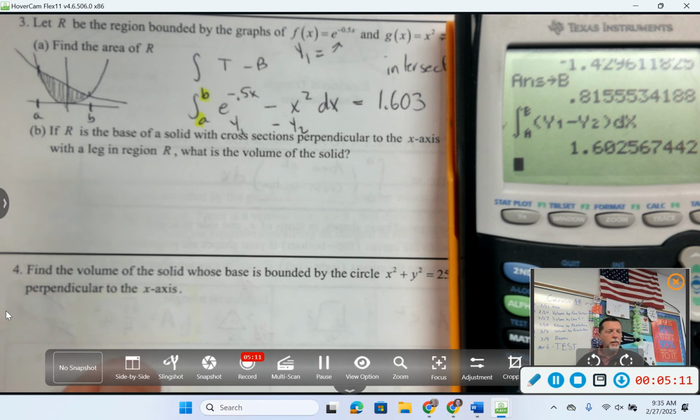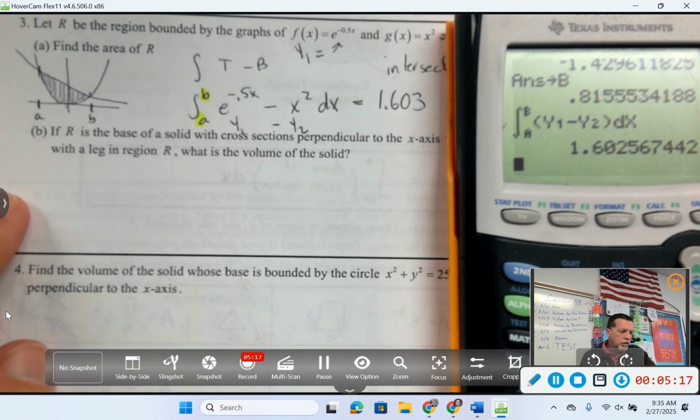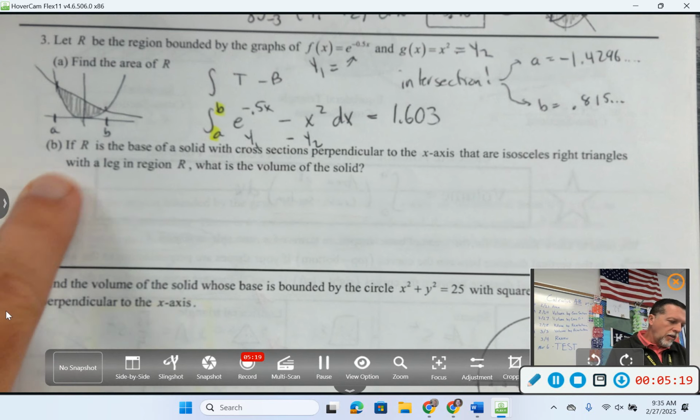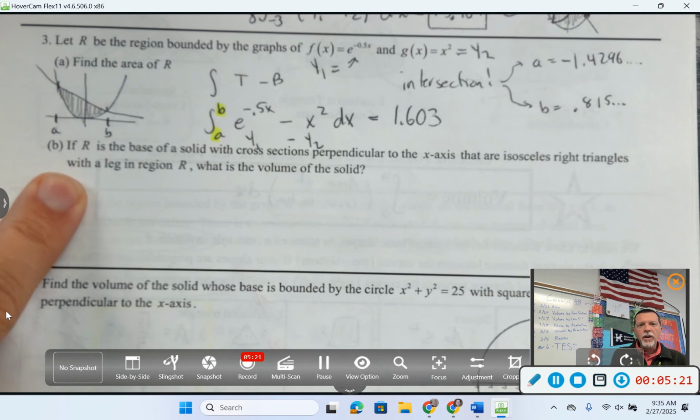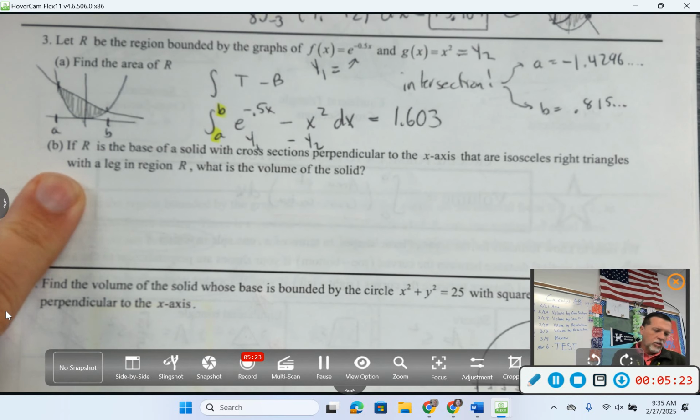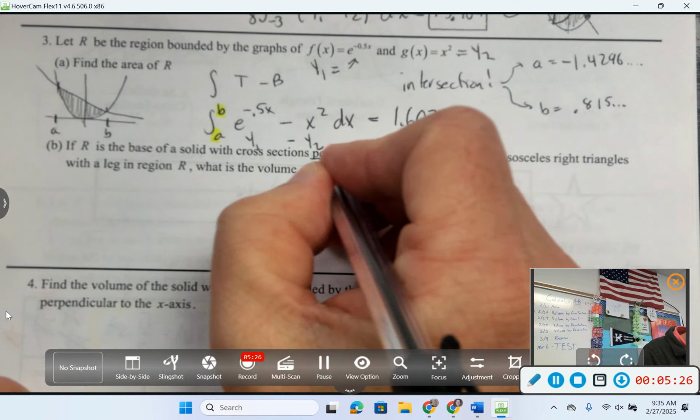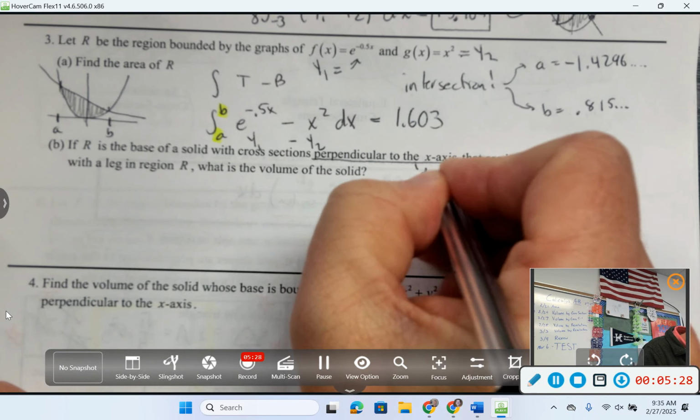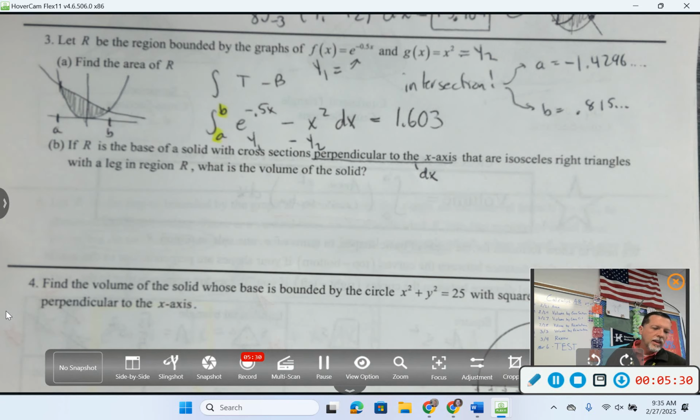That question was like part 1 of this unit, or day 1 of this unit, the area day. Part 2: if R, so that area R, is the base of a solid, cross sections perpendicular to the x-axis. You like that? That means dx.